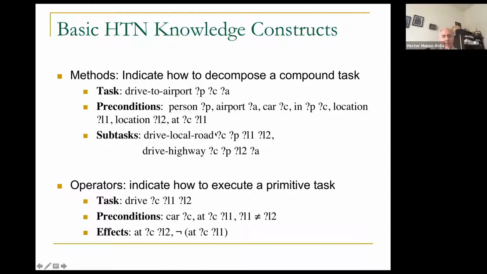The when is the applicability conditions. So this parameter P is a person, there is an airport A, there is a car C that's the one I'm using, and so forth. Those are applicability conditions. So this is the knowledge artifact that we would like to learn.